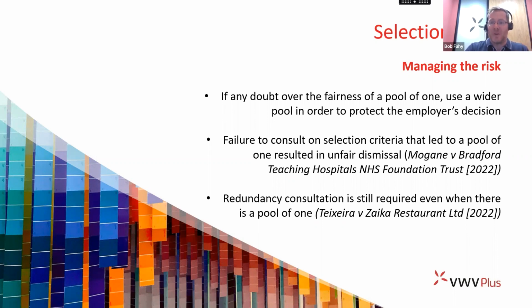The Employment Tribunal held it was outside the band of reasonable responses, and the EAT upheld the decision. So I think that's quite a good practical illustration of how too narrow a pool combined with consultation only taking place after the application of criteria led to an outcome that couldn't be affected renders the process unfair. So it's all about balancing your different aspects of consultation.